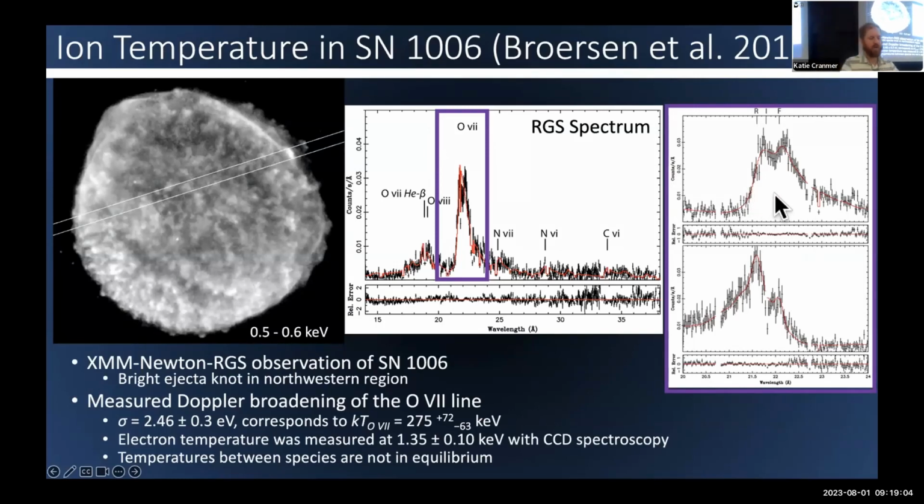So they measured a Doppler broadening of around 2.5 eV, which corresponds to a temperature of around 275 keV for the oxygen 7 species. And using CCD data, they measured the electron temperature at around 1.3 keV. So this gives a really good example of how you can clearly show that these species are at different temperatures based on their mass.